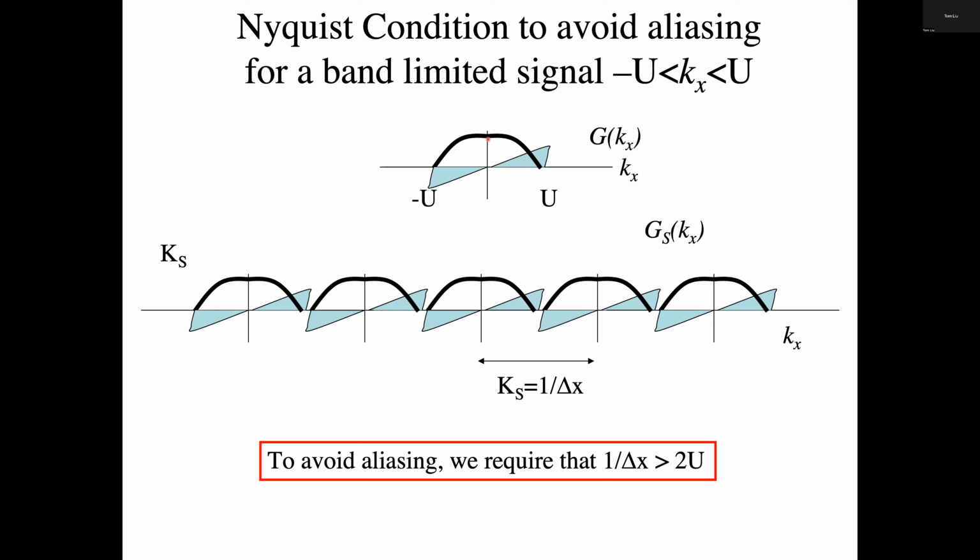The values of the spatial frequencies will roll off to actually be 0 beyond some high frequency level. So you can imagine I have some function that's relatively smooth and that it has sort of maximum spatial frequencies in it, right? And if that is true, that's called a band limited function, then the frequencies that are used to compose that function roll off to 0 at some value kx equals capital U. Okay, so it's called a band limited function.